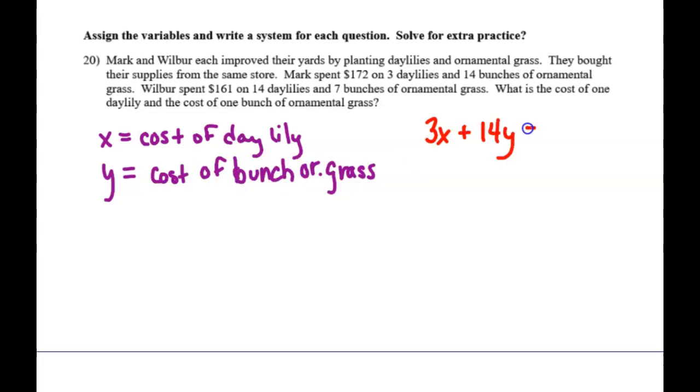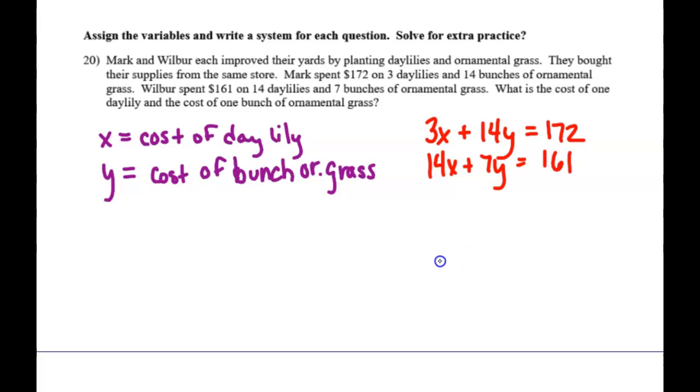So we add them together, $172. Does that equation make sense? So it's 3 times the cost of a daylily plus 14 times the cost of grass equals $172. Guess what? Wilbur did the same thing. What's his going to look like? 14 daylilies plus 7 grass equals 161.